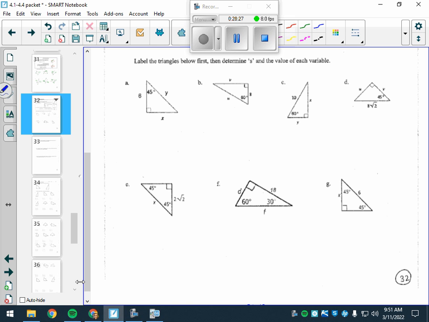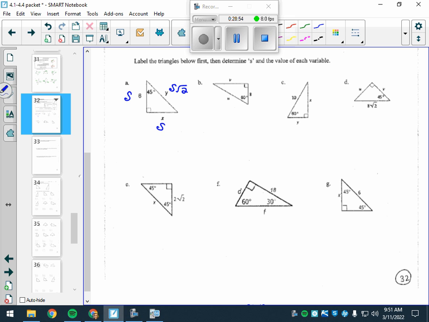So we have this 45, 45, 90 triangle. We are going to start by labeling the sides S, S, and S root 2. So we have an S here, an S here, and an S root 2 here. Now, with these problems, there's always going to be one side that they give you a value on, a number.